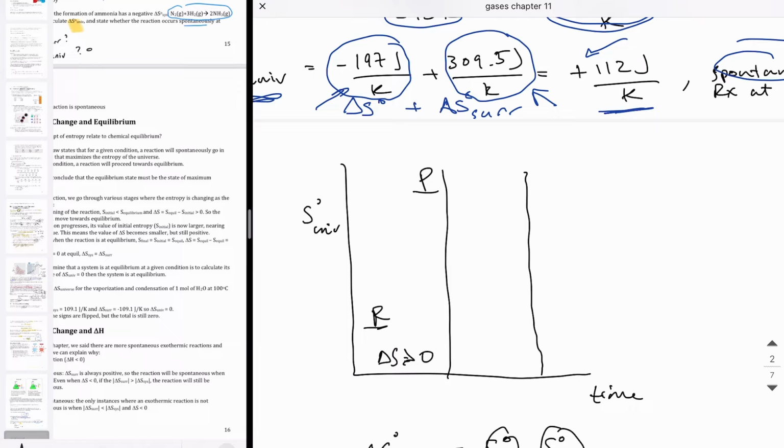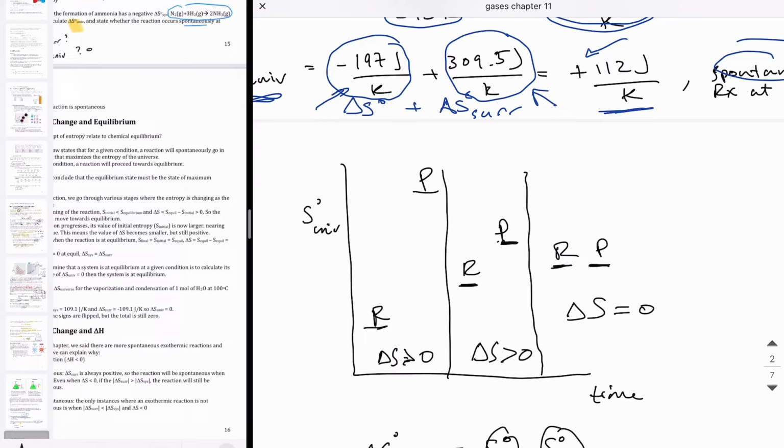If we let the reaction go for some time, some of the reactant is going to convert to product. At that point, the reaction has gone quite a bit, so the mixture of molecules is no longer the same as at the very beginning. You're going to have a little bit of a closer distance between that reactant and product mixture. The delta S of the universe is still going to be positive, but it's going to be a little closer together. Eventually, when you reach equilibrium, the two numbers are going to be the same.